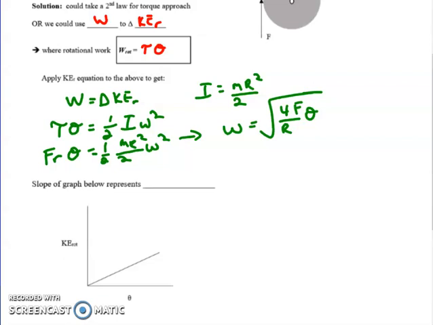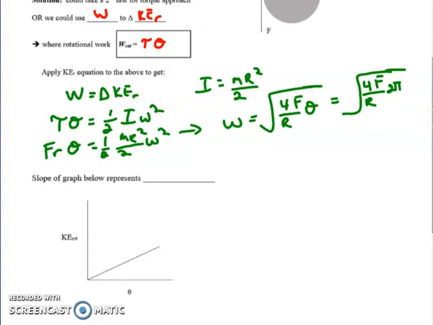I think I've done that right. And then for 1 revolution, theta is 2 pi radians. So I would have that. Someone check my work, make sure I didn't do something silly there. I have a feeling that I did. It reminds me of something I was doing earlier, but I don't know.